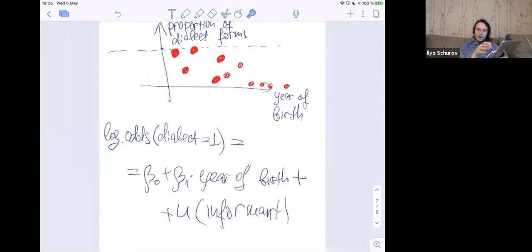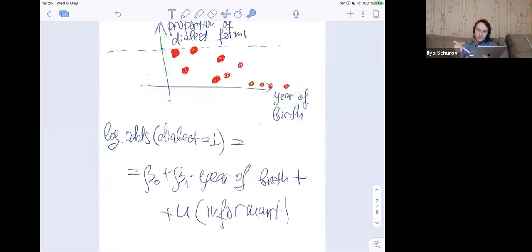But how it is assigned depends on the year of birth of this particular person. So we believe that if their year of birth is smaller, then the probability to generate dialect forms should be on average larger than here.